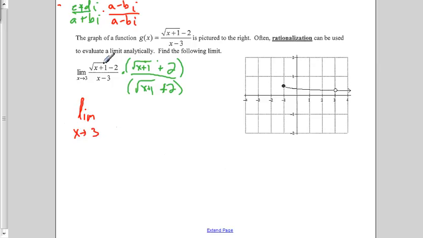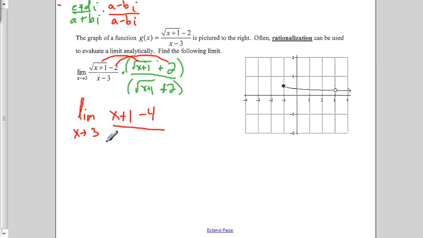Well, square root of x plus 1 times square root of x plus 1 is just x plus 1. The outer and the inner terms are going to cancel out because it's the product of a sum and difference, which will give us the difference of squares. And negative 2 times positive 2 is negative 4.